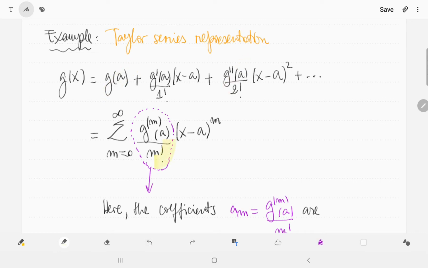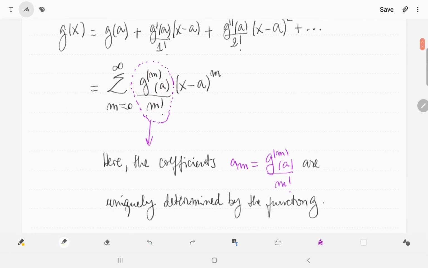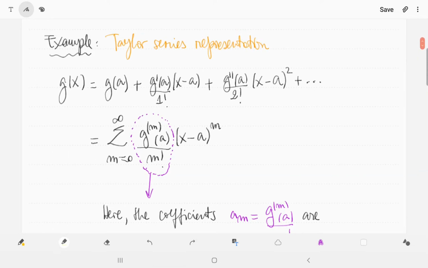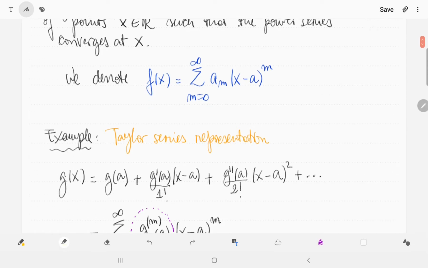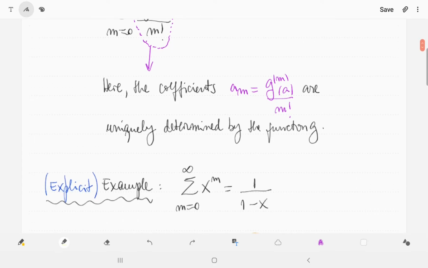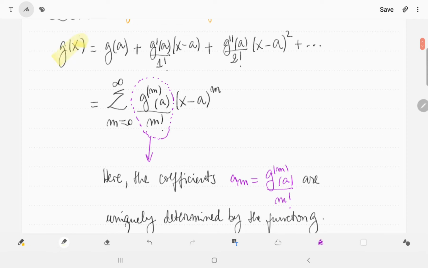So these coefficients for the Taylor series representation are uniquely determined by the function g. And this is a huge family of examples for the power series family. Okay, so this is a very general example because I can choose any g that is smooth enough such that it has a Taylor series representation.